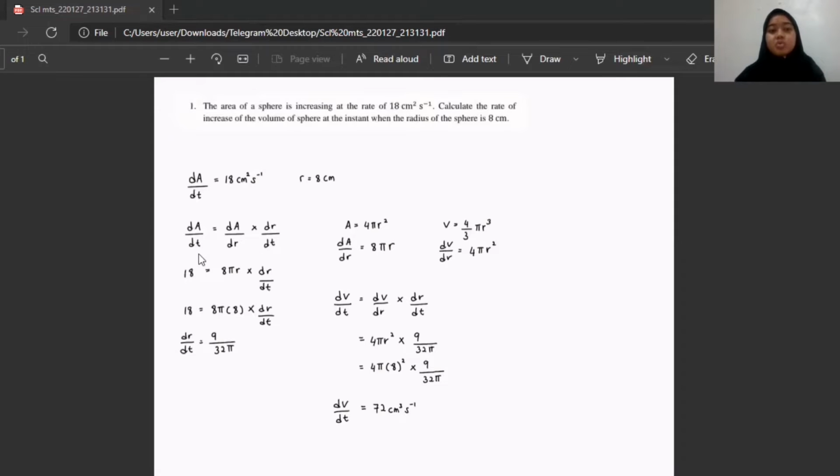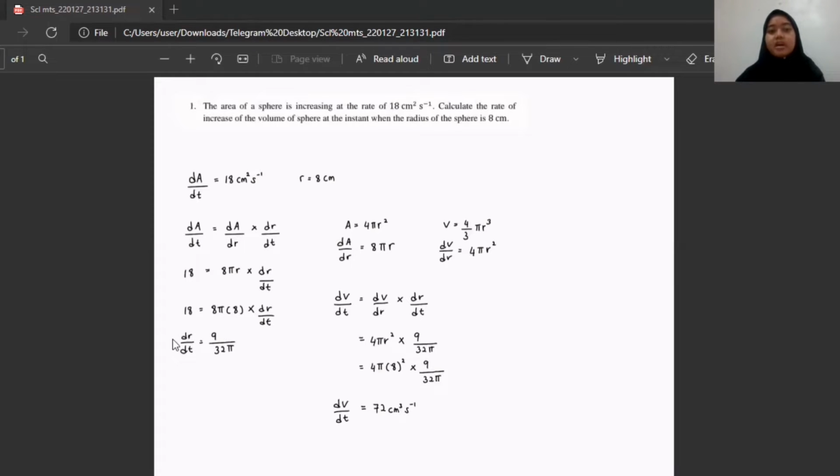So we can insert into this equation. This r is given in the question, which is 8. So we insert the 8 in the equation, so we can get dr per dt. The dr per dt is 9 over 32 pi.